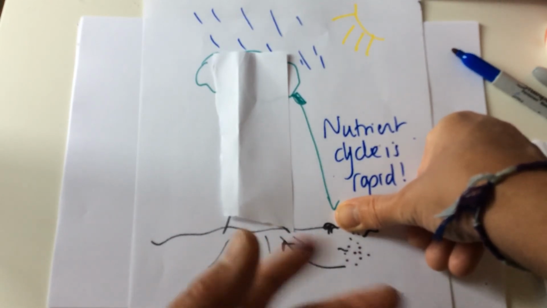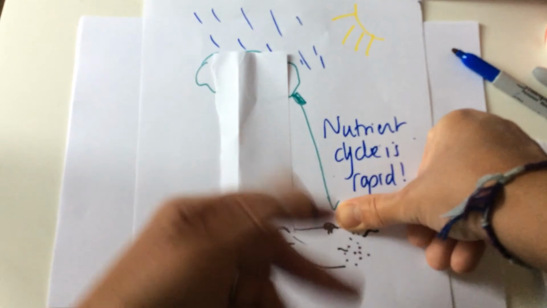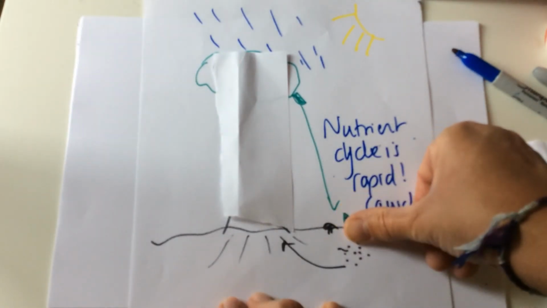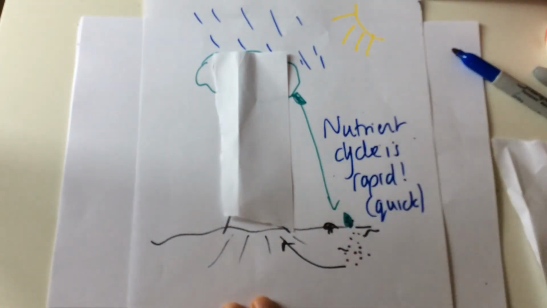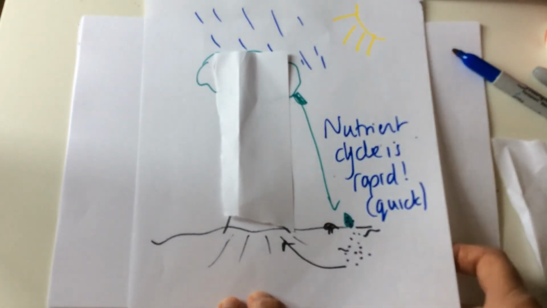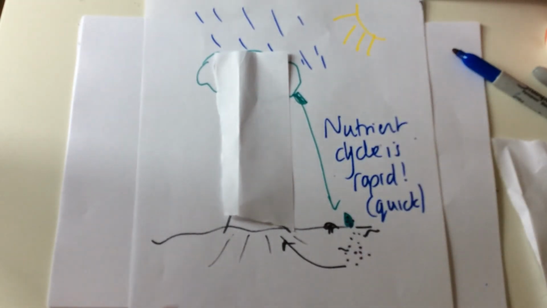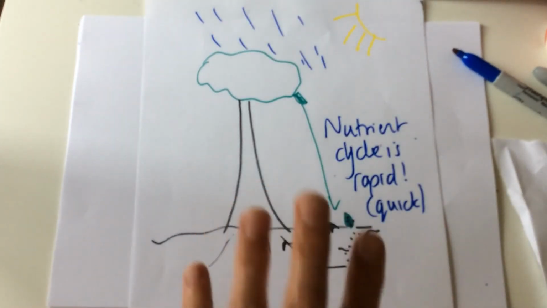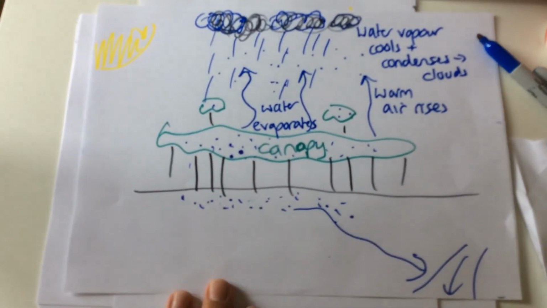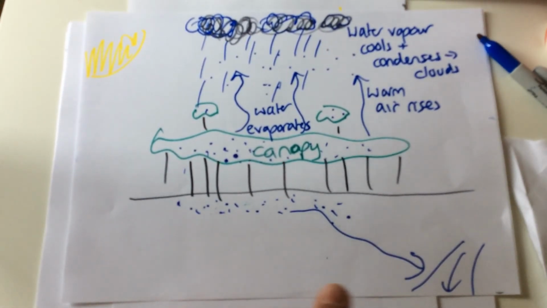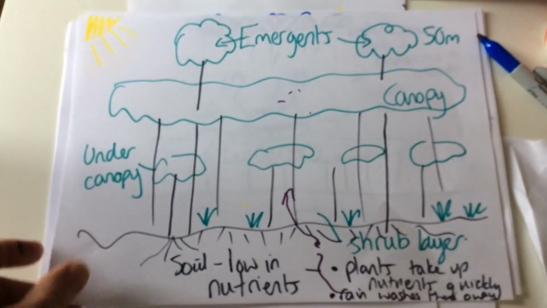So obviously it will go down even further because there's no new leaves being formed, and eventually the rain will come in and will wash those away. So it's very important that we understand these different elements: the nutrient cycle, the water cycle, and the different layers of the rainforest.